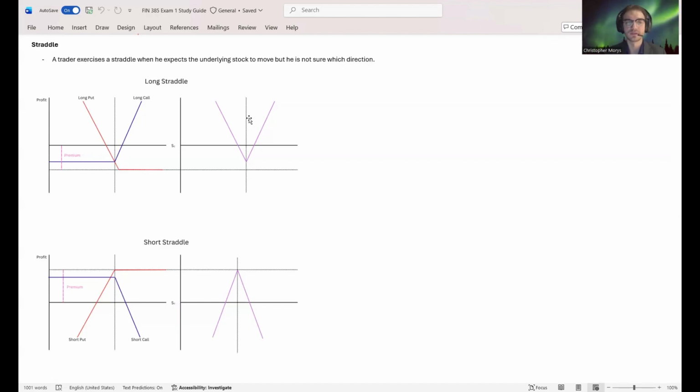For instance, you could trade this option when some sort of news is supposed to break out, and you don't know if this news will be good or bad for the company. So you just slap a straddle on it and bet on movement.